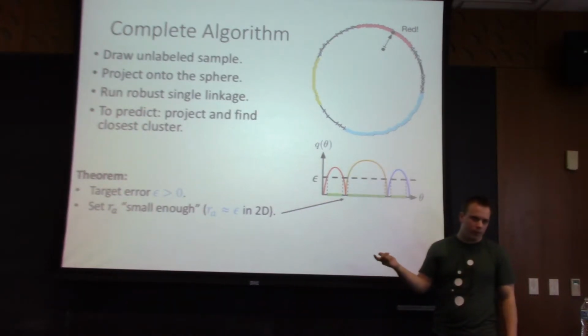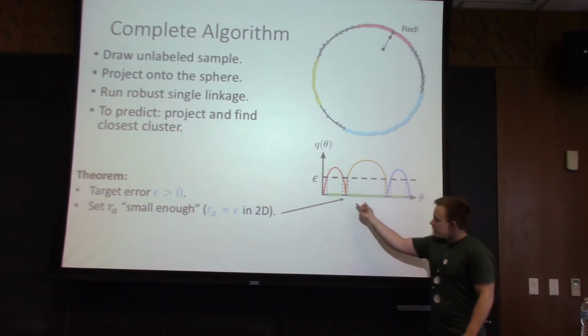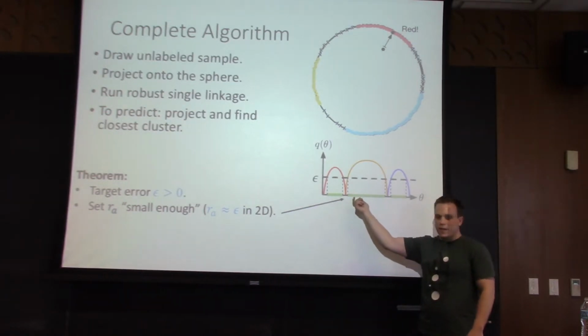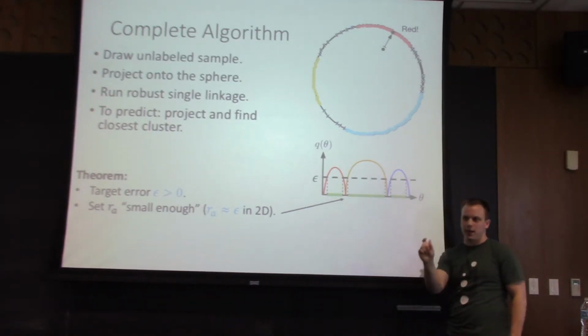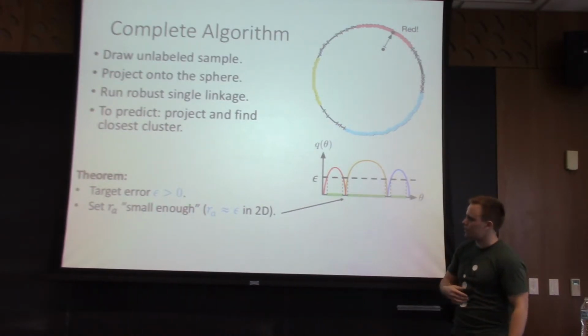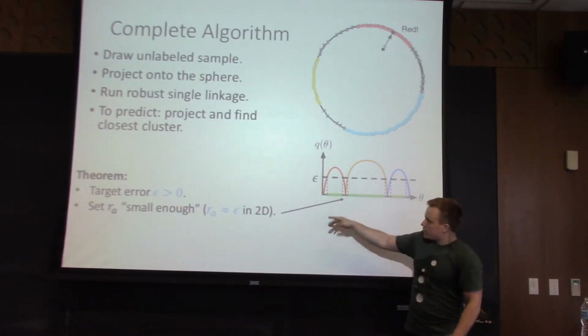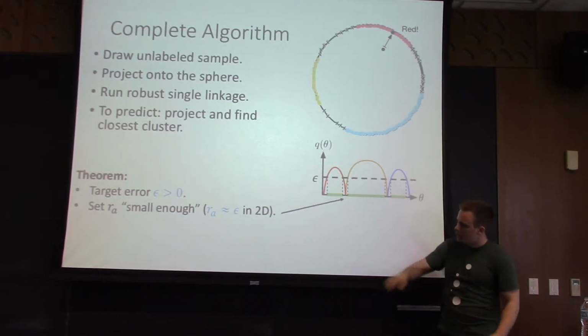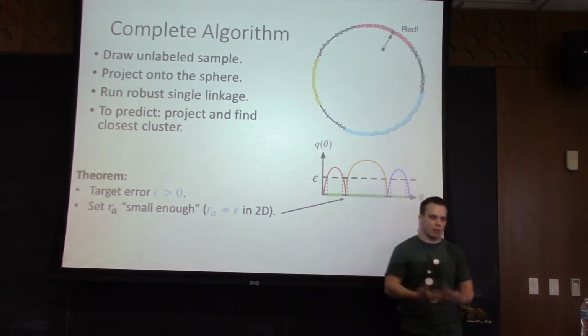And geometrically, the way you want to set it is there's these gaps between the connected components. And you need to be able to comfortably fit a ball of that activation radius in there. Because if you don't, then you'll run the risk of accidentally gluing two classes together. So in this case, it's geometrically clear what it has to be. And in 2 dimensions, we can show that it's enough to set it proportional to epsilon.